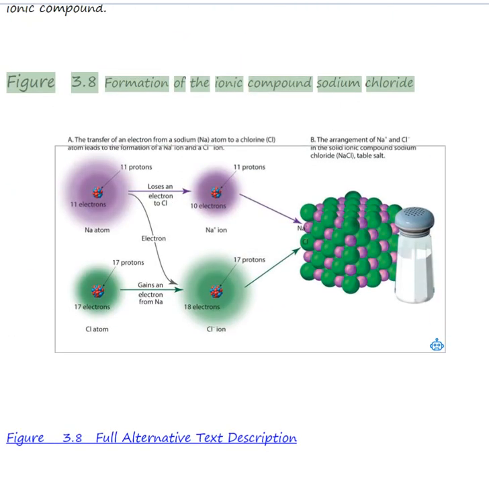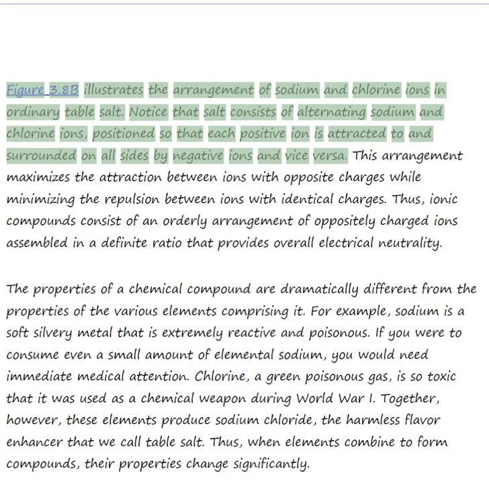Figure 3.8 Formation of the ionic compound sodium chloride. Figure 3.8b illustrates the arrangement of sodium and chlorine ions in ordinary table salt. Notice that salt consists of alternating sodium and chlorine ions, positioned so that each positive ion is attracted to and surrounded on all sides by negative ions and vice versa.